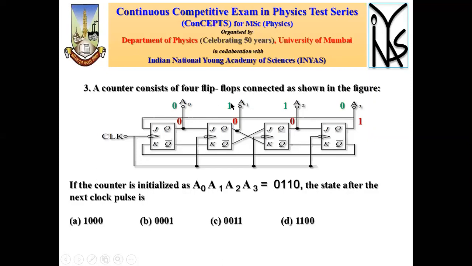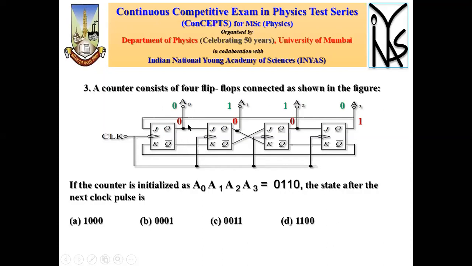Then this 1 is given to K, so Q bar will become 1, and therefore Q will become 0. After that, this 1 is given to J, so this will become 1, and this A3, 0, is fed to J, so this Q is going to be 0.